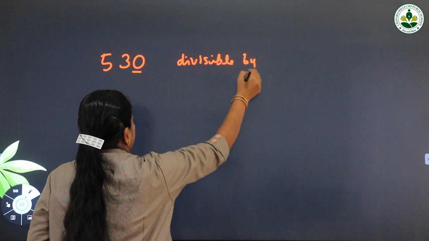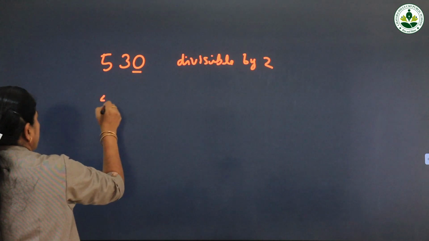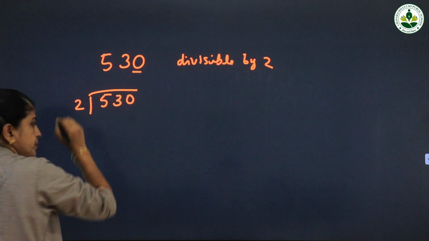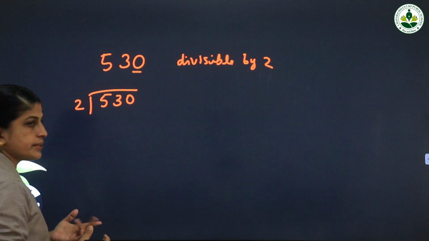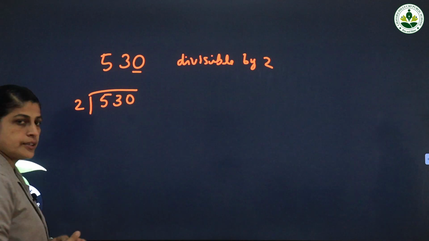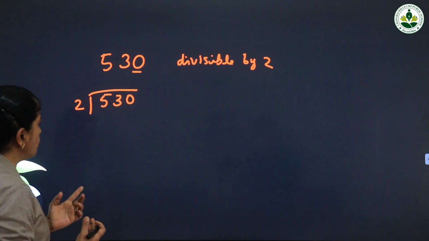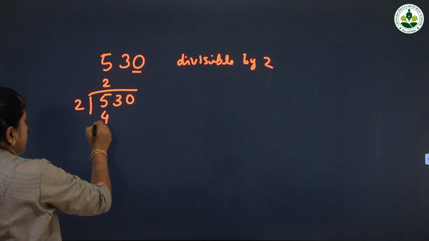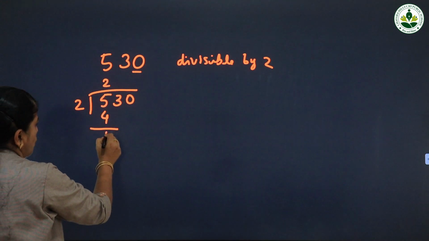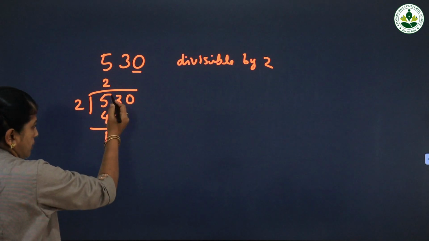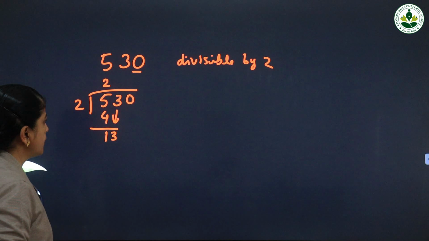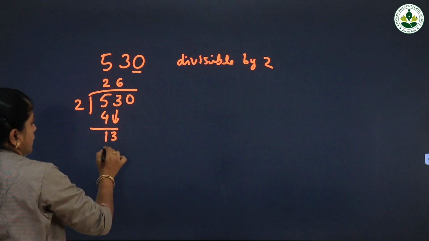We can check it by division also. 530 divided by 2. We have studied the division. First take 5 and find out how many 2's are there in 5. That is, 2 2's are 4. Then subtract, 5 minus 4, 1 is there. Next step, bring down 3. Then in 13, how many 2's are there? 6 2's are 12.